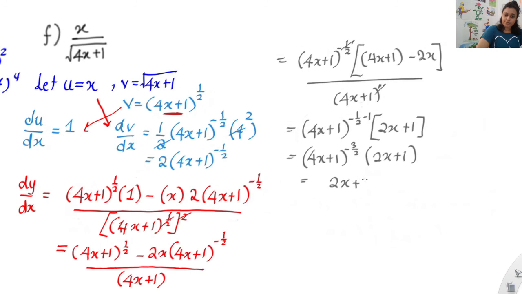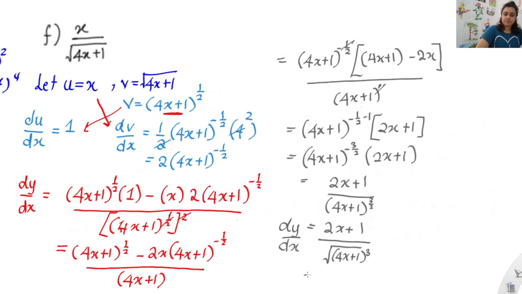So up, you only are left with 2x plus 1. Down, actually it's like this: (4x plus 1) to the power of 3 over 2. But don't leave it like that again. Make sure you put the square root for 4x plus 1, and then cube. So this is your first derivative based on the quotient rule.